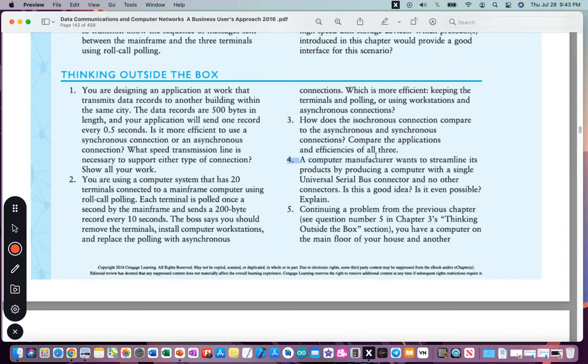A computer manufacturer wants to streamline its products by producing a computer with a single universal USB connector and no other connectors. Is that a good idea? Is it even possible? Explain. Can you streamline using a USB? Not possible.